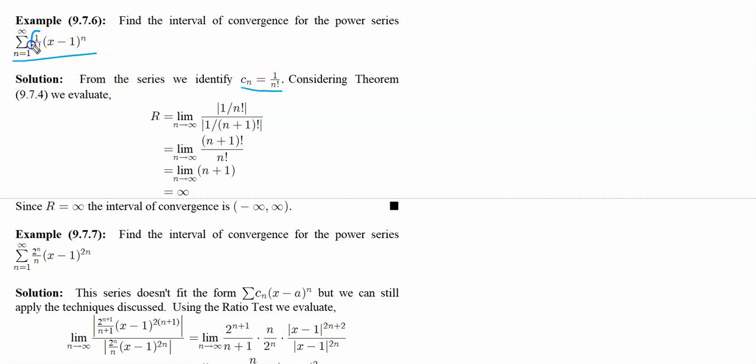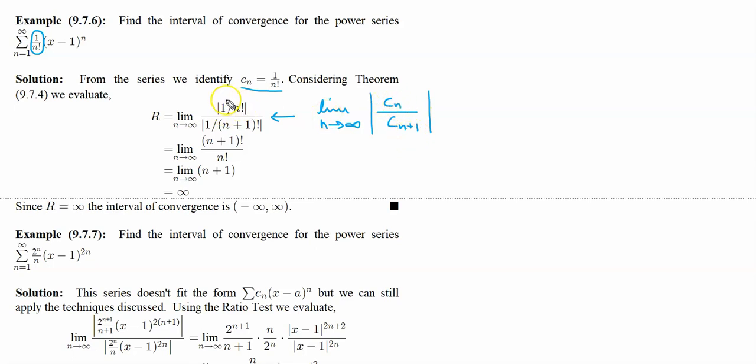So these are the C sub n sequence. Okay, so thinking back to our convergence theorem then, we need to evaluate this limit right here. Now once again, that's the limit of the Cn over C sub n plus 1 terms.